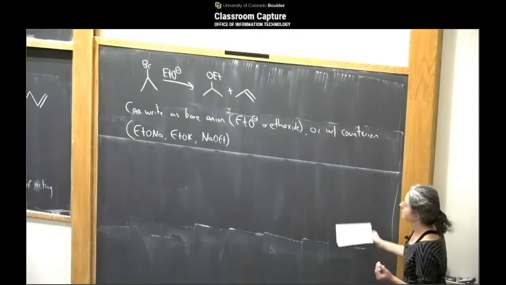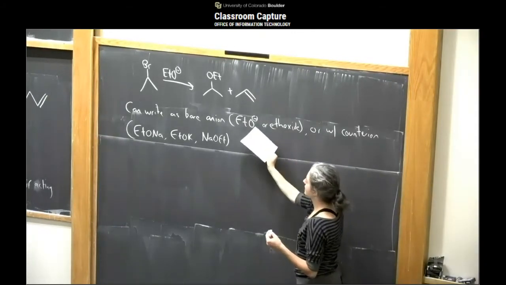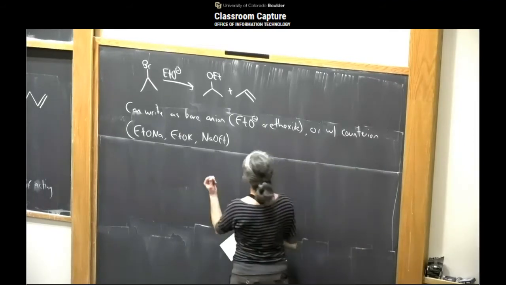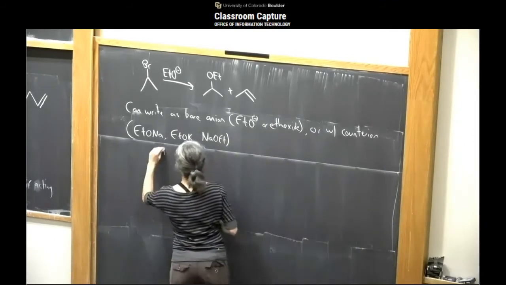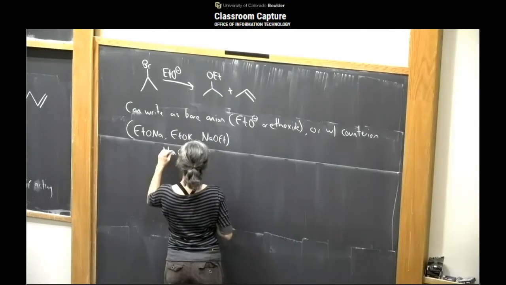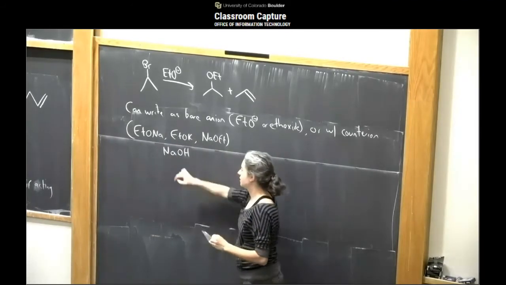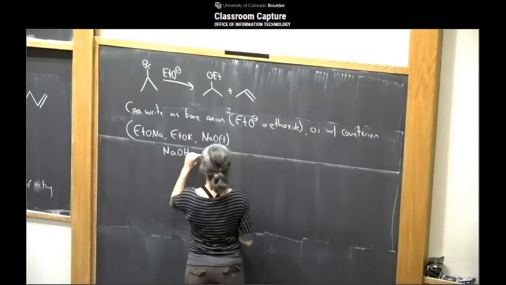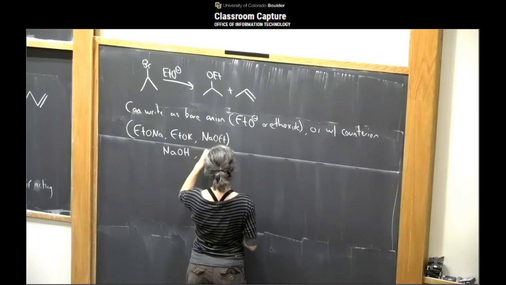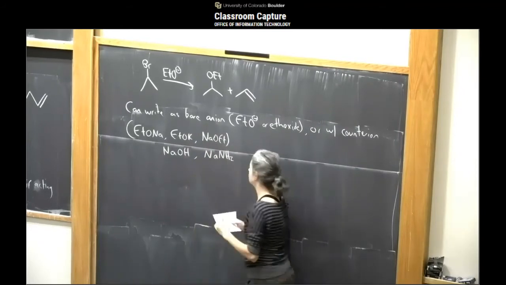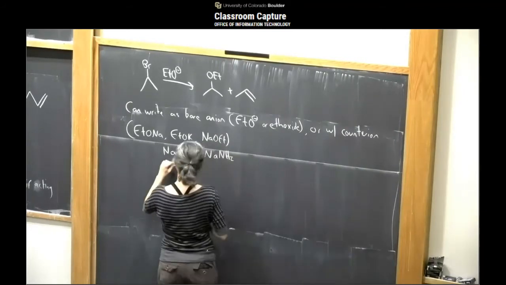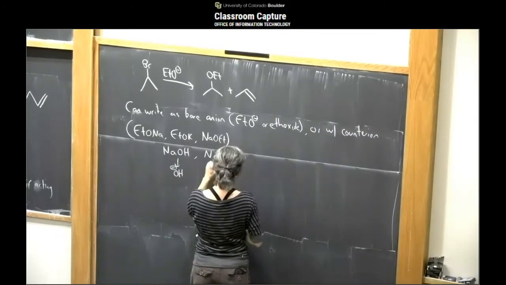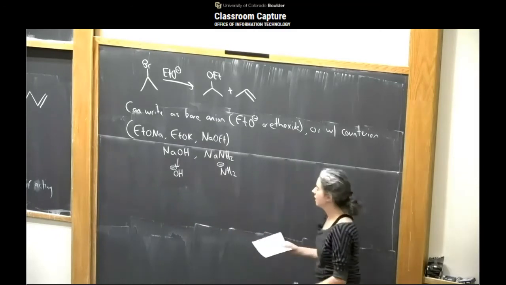Okay, so alkoxides like this one are really common, but we can see this for pretty much anything. So, like, NaOH, you would assume that OH minus is doing the actual reaction. NaNH2 is really NH2 minus.